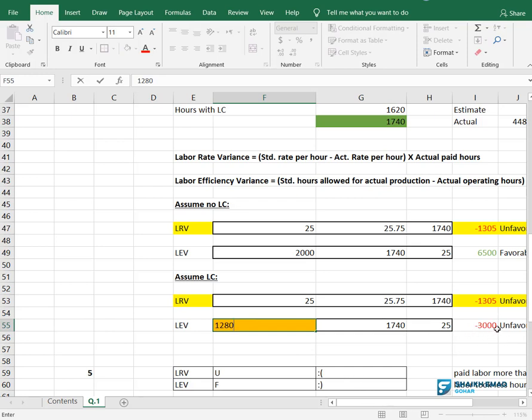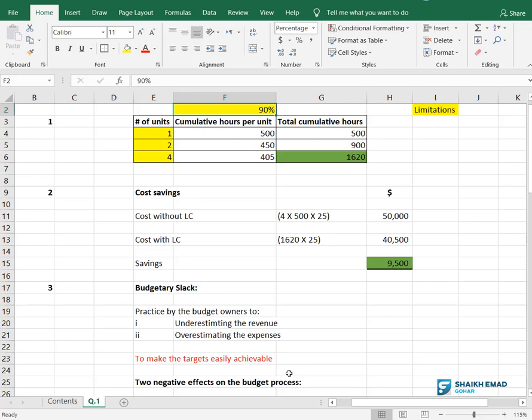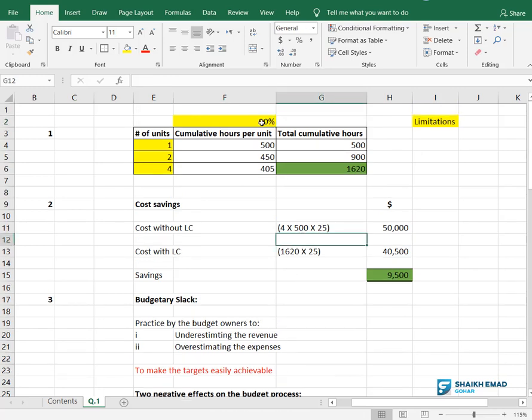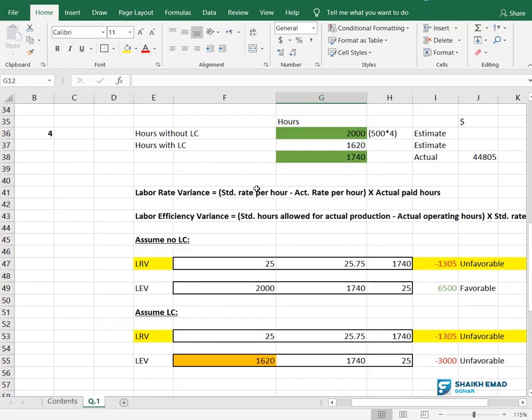Minus 3000, unfavorable. Let me press enter and you see how much it will become. 11,500 unfavorable it will become. So again, they are not asking you to calculate. They are just asking you what will happen. So you need to remember that if the percentage is reducing, the efficiency will go more down. I mean, it will become more unfavorable.